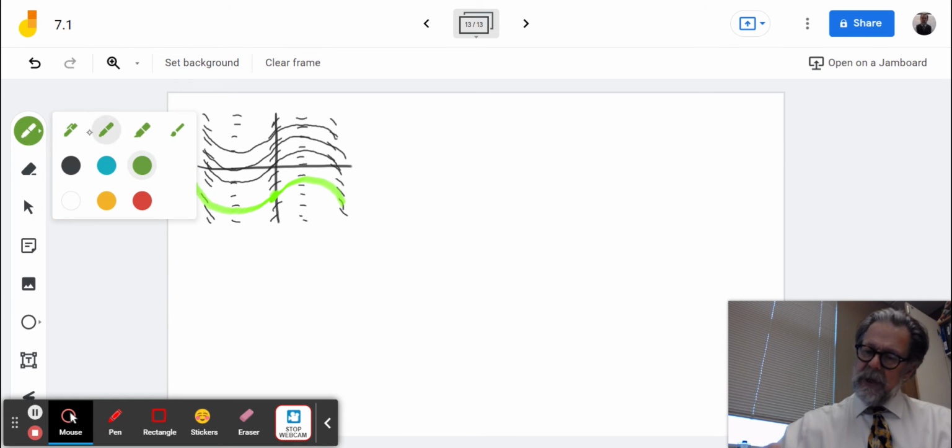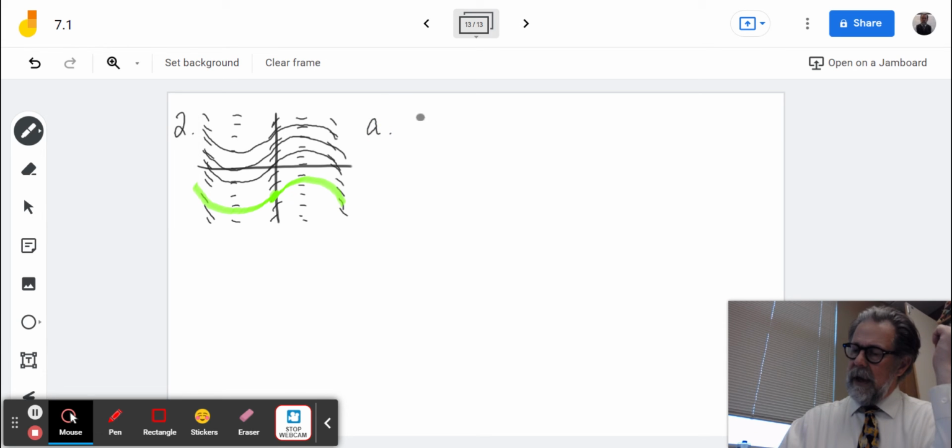So the three things that we did regarding these is, first off, we were given dy/dx equals some function of x or y, or x and y, and we could draw a slope field.